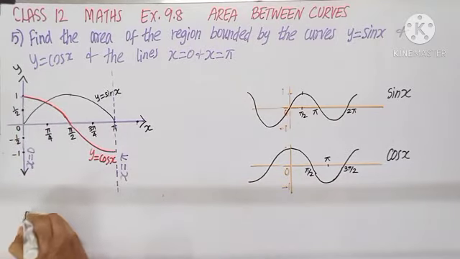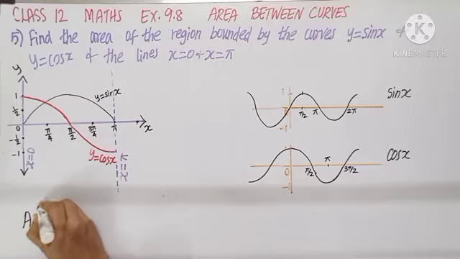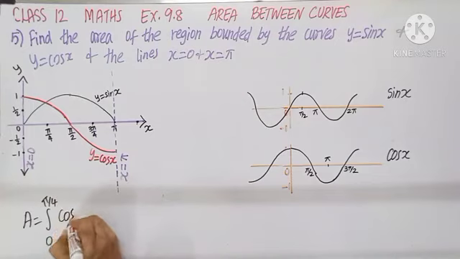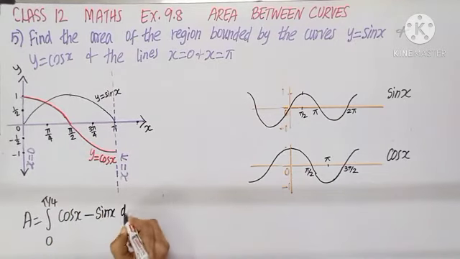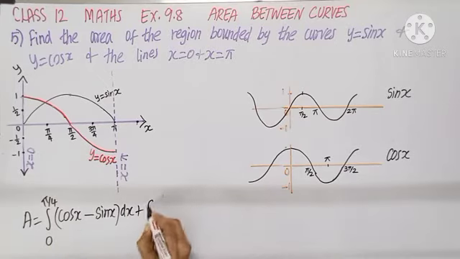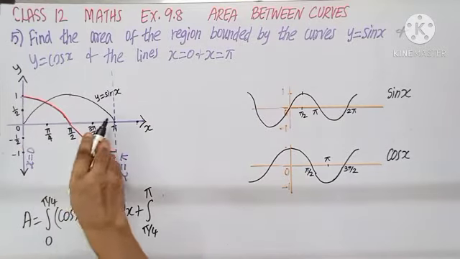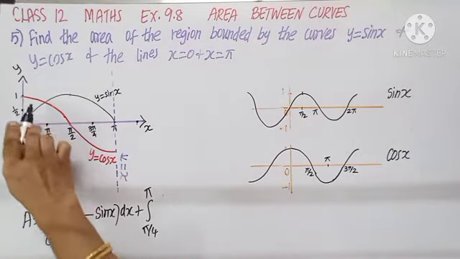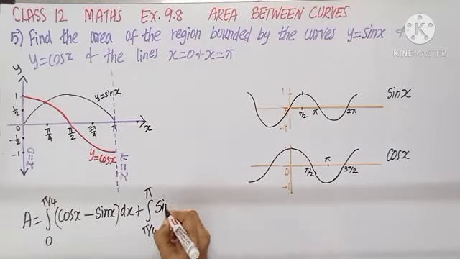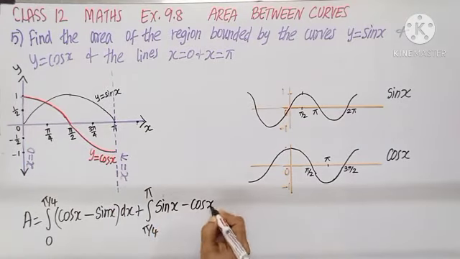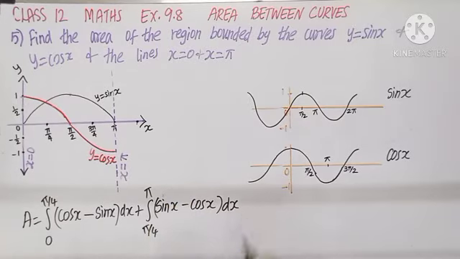So the area I will write from 0 to pi by 4, cos x, the upper curve, minus the lower curve sin x, dx. From pi by 4 to pi, black is above, red is down. Black refers to sin x.